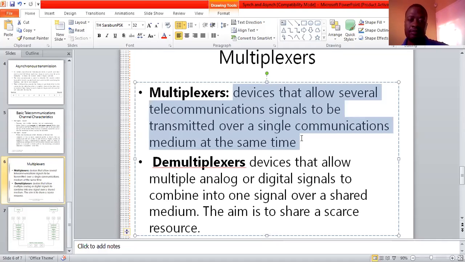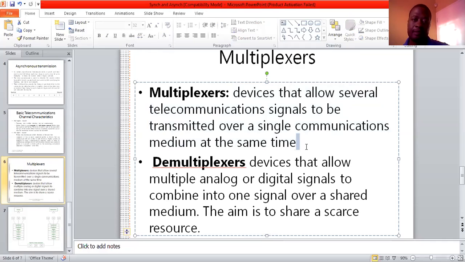All these devices' signals have to share the same single communication medium at the same time, so they are blended together and become one. They share the medium.